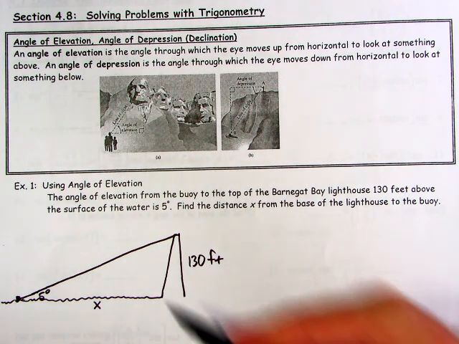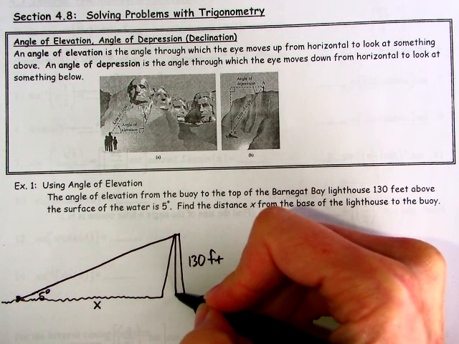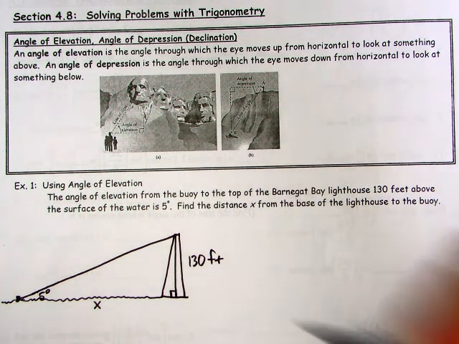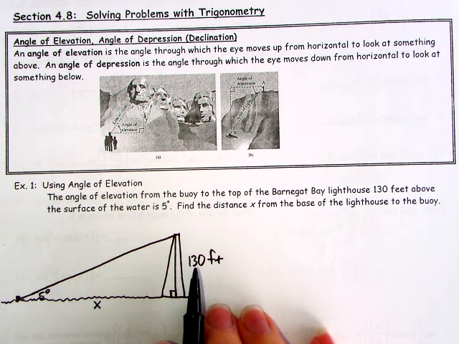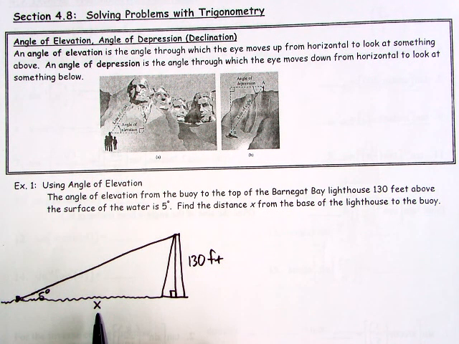So we have a nice little right triangle here. With the angle that we're given, we know the opposite side. We want to find the adjacent side, so hopefully we know which trig function that is.